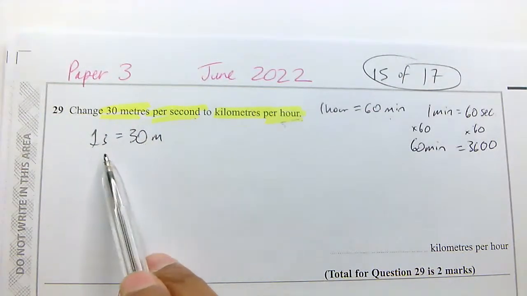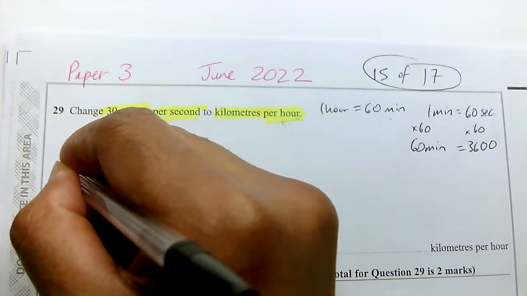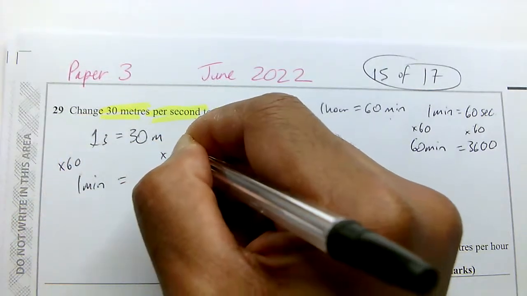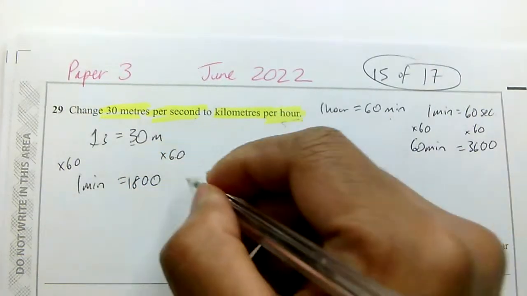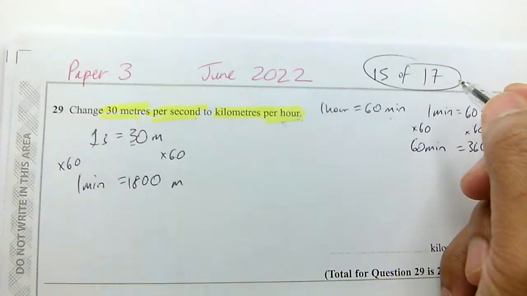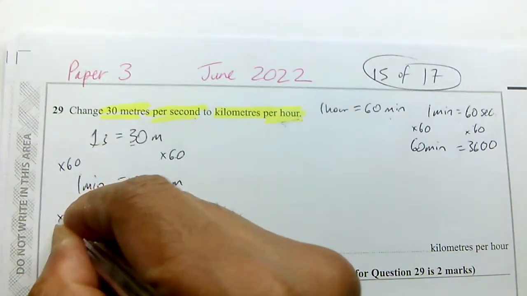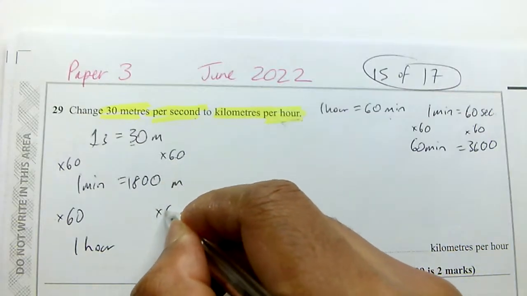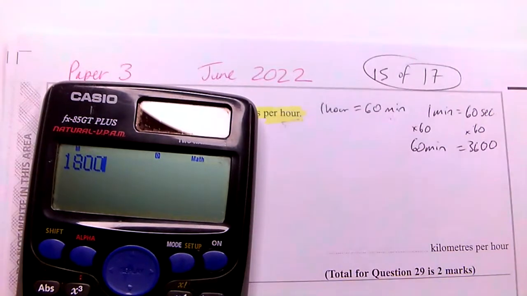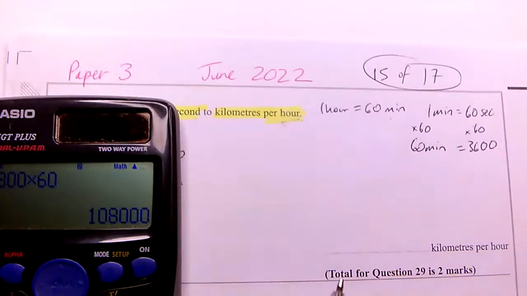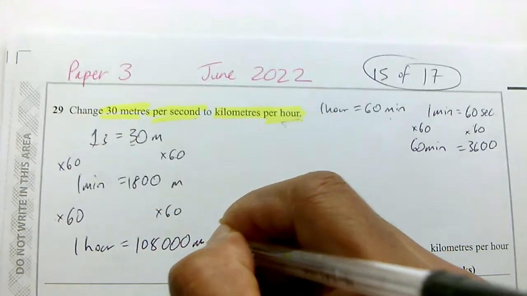So we've got 60 seconds makes a minute. So 1 minute is going to be times by 60, times this by 60 as well. 3 times 6 is 18, add 2 zeros. So this is still in meters. And then to get to 1 hour, timesing it by 60, we are doing 1800 times 60, which is 108,000 meters.